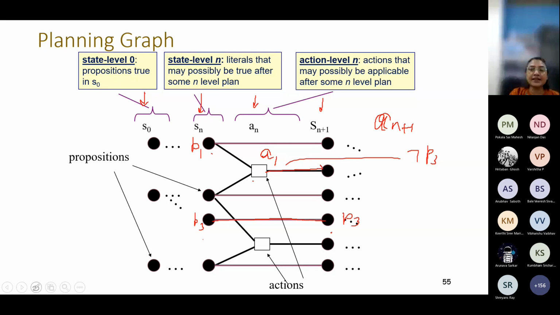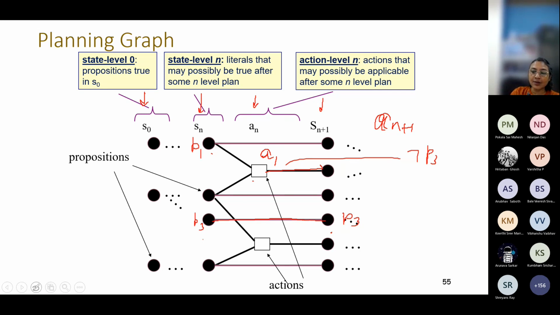If AN has two actions, can AN plus 1 have one action, two actions, three actions? We can have two or more actions. AN plus 1 will contain all the actions in AN, and it can contain additional actions. So as you look at subsequent action levels, the set of actions increases monotonically or stays the same.